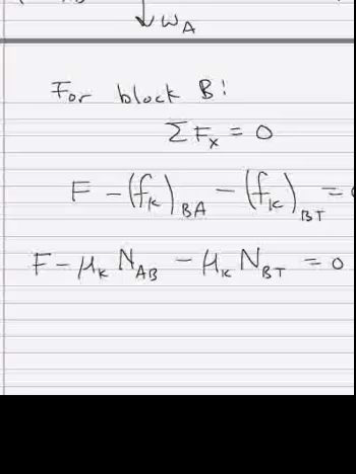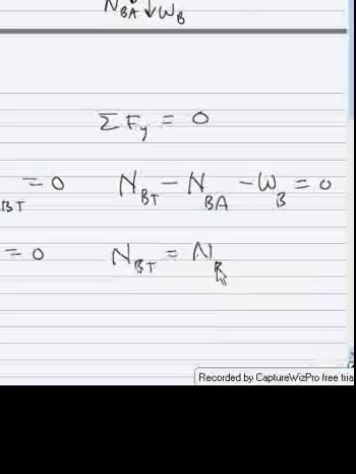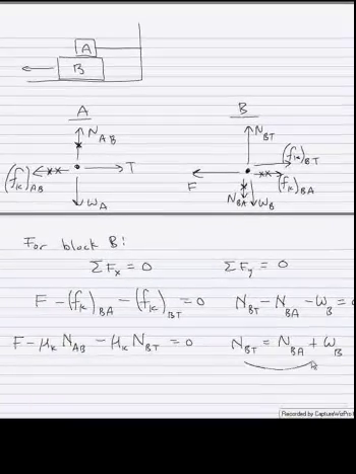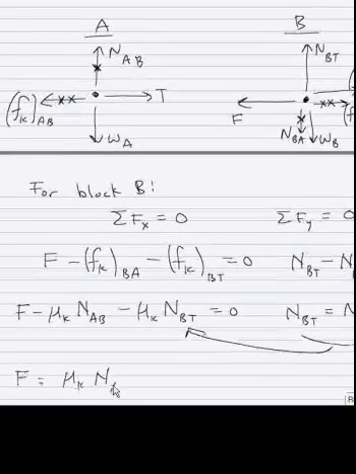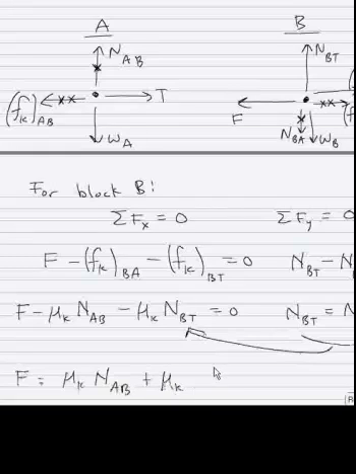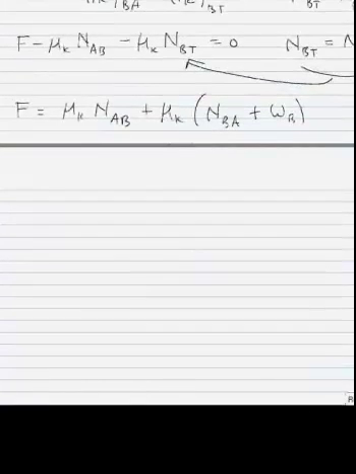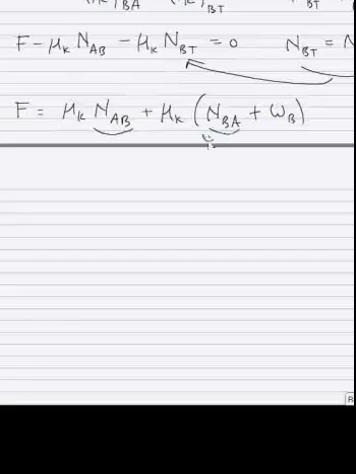And my normal force BT is the normal force BA plus the weight of B. So I'm going to plug this in over here, and I get F is equal to mu times the normal force AB plus mu times the normal force BA plus the weight of B. And then we know that the normal force AB and the normal force BA are all the same, and they are equal to the weight of A. So I'm going to make that substitution.